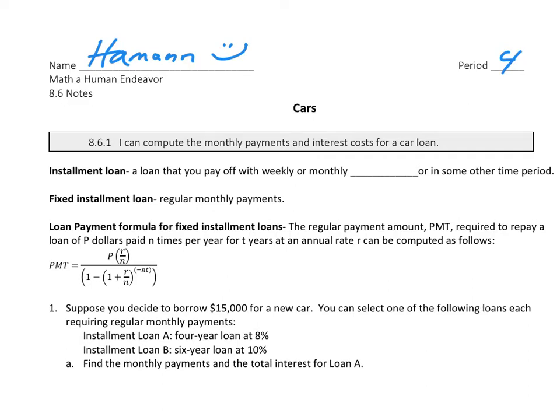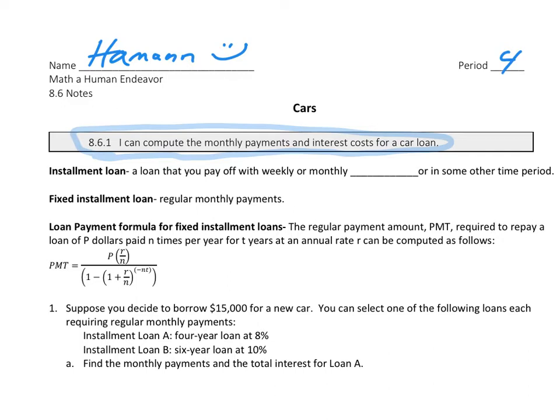And the key for these notes is we just want to be able to calculate the monthly payments for a car loan. So this is when you go to a dealership and you find a car that you like and you don't have all of the cash to pay for the car because they're so expensive.